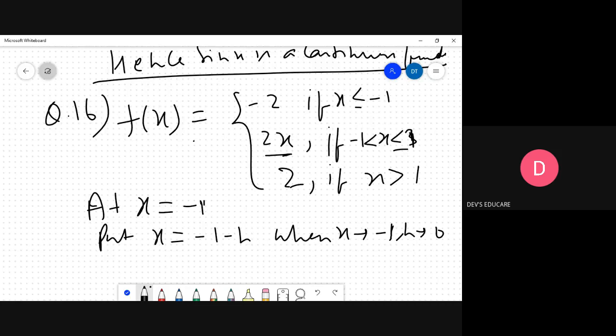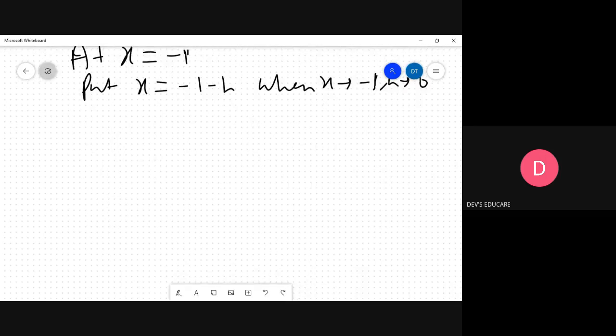Instead of substituting, we can just take the limit x tends to minus 1 minus of f(x). Yes, that's correct.